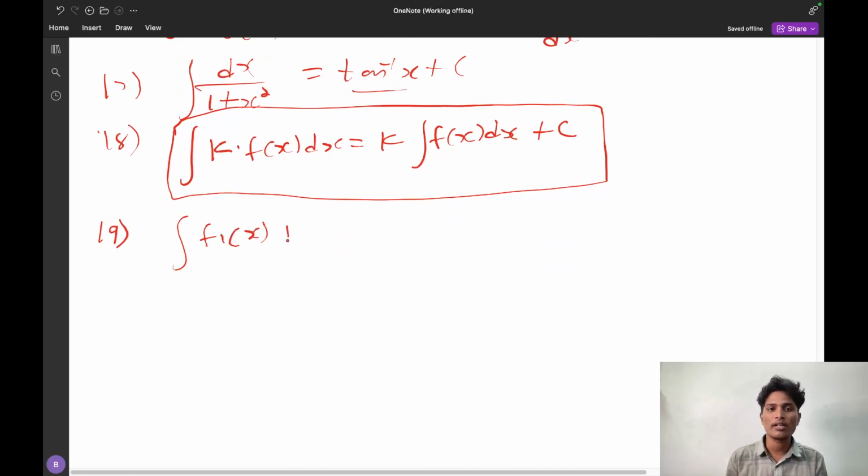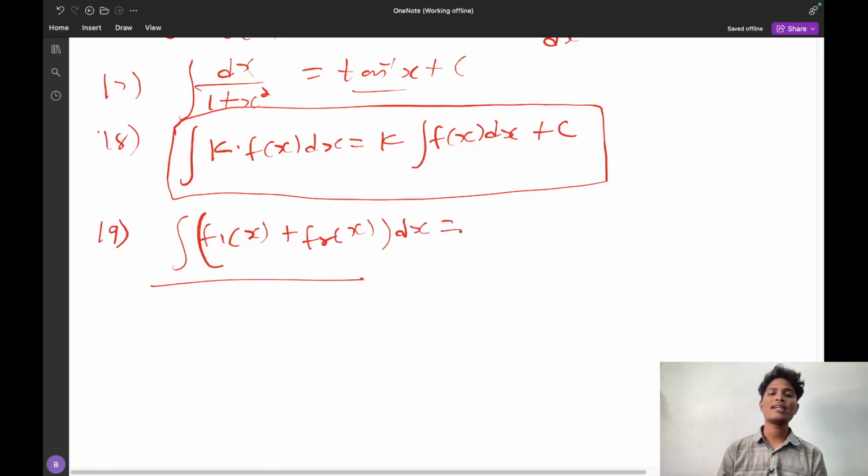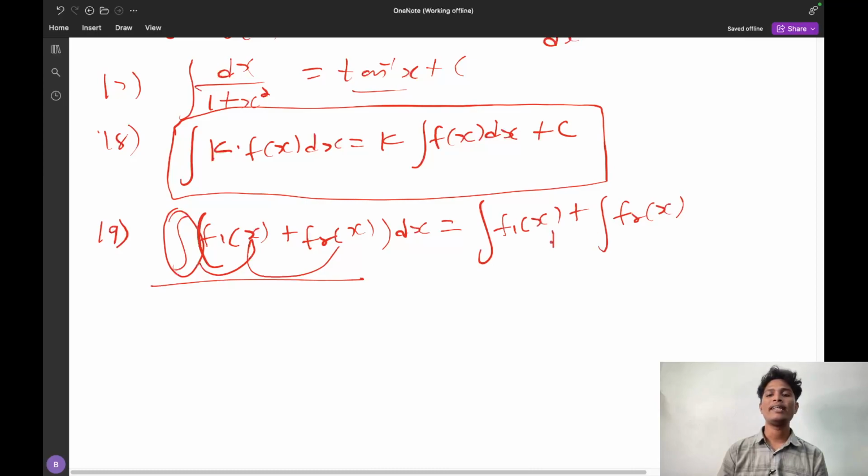Suppose the entire function is f1 of x plus f2 of x, dx. I can split the integral into f1 of x and f2 of x, that is integral f1 of x dx plus integral f2 of x dx. So I can split the integral.